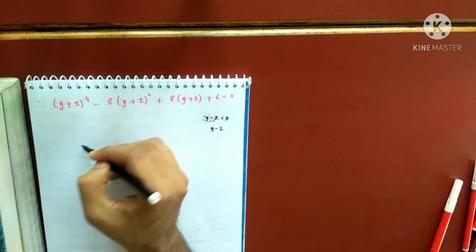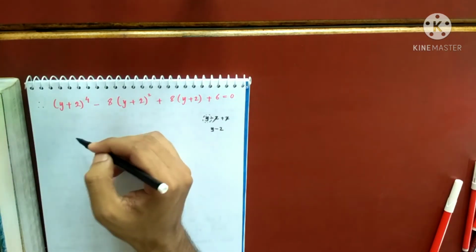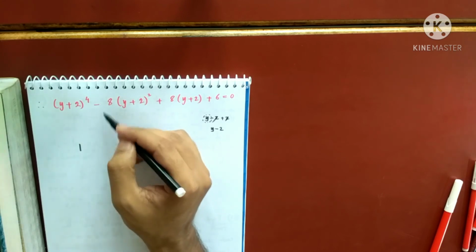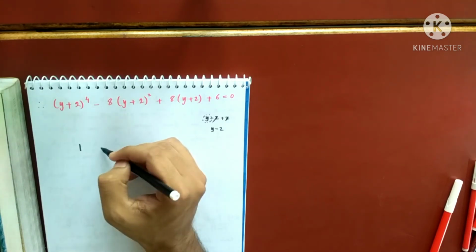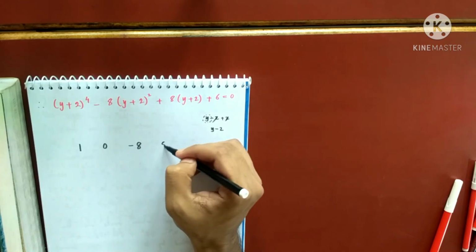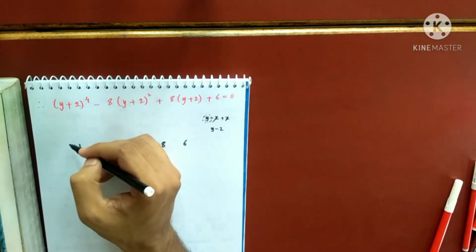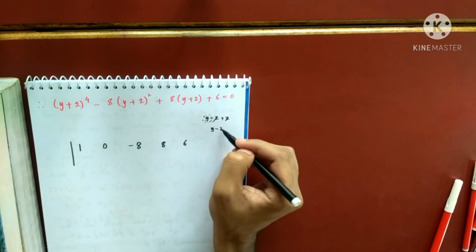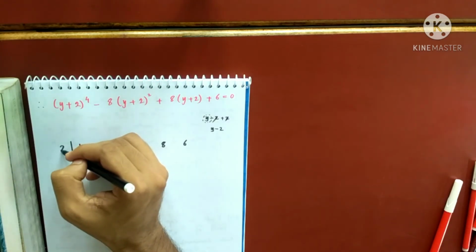So you remember what to do? We write down the coefficients first. The coefficient is 1, x cube is not there, so 0, x square is minus 8, and then 8 and then 6. We'll divide by 2 here.